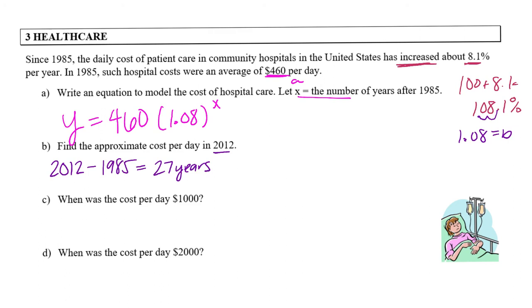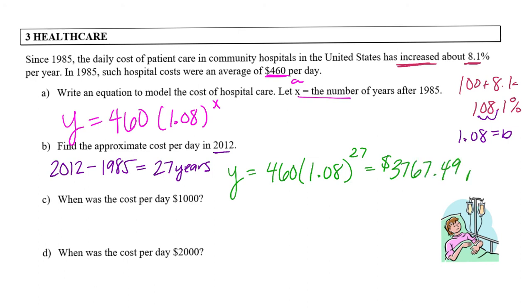So we're going to use 27 as our X. So Y equals 460 times 1.08 to the power of 27. And now this is going to be dollars, and dollars has 2 decimal places. So it's $3,767.49 per day. We're going to ignore C and D for this unit.